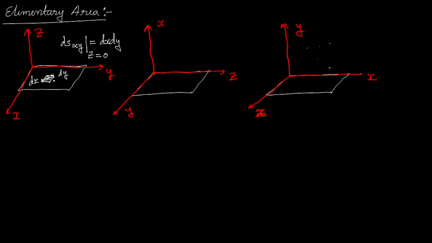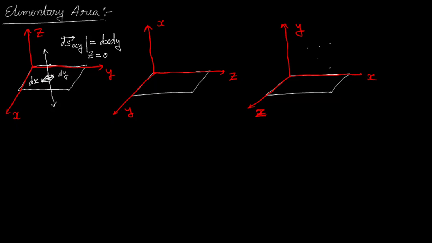Now since this is an open surface, this surface does not enclose any volume, so this type of surface is called an open surface. For an open surface, the direction of this area vector can be either upward or downward, but it should be normal to the surface.